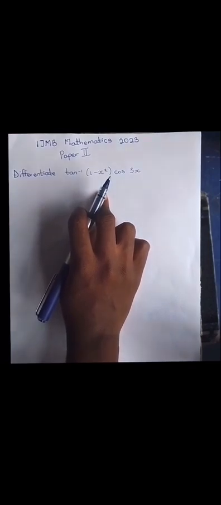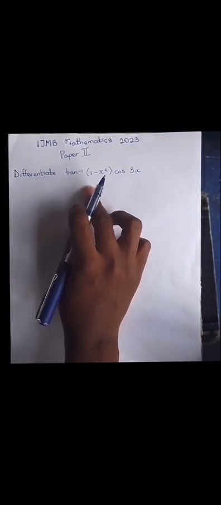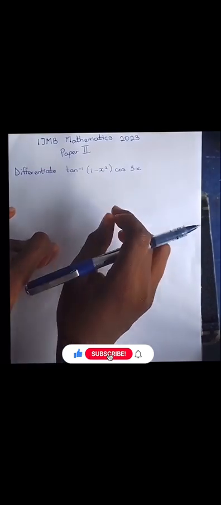you notice that we are to use product rule, because tan 1 minus x squared is one part and cos 3x is another part, so we're going to use product rule in solving it at the end. But before then, we have to differentiate each of the terms one after the other.